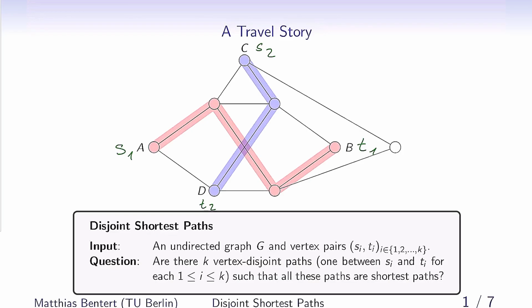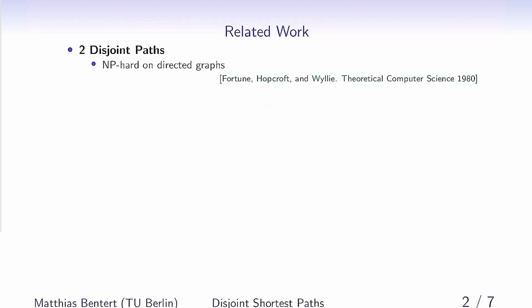So now that we know what the problem is, let me give you a brief introduction into the problem and also different variants of this problem. And I want to start with the 2 disjoint paths problem. Here we only have 2 terminal pairs and we do not require that the solution paths are shortest paths. They should, however, be disjoint paths.